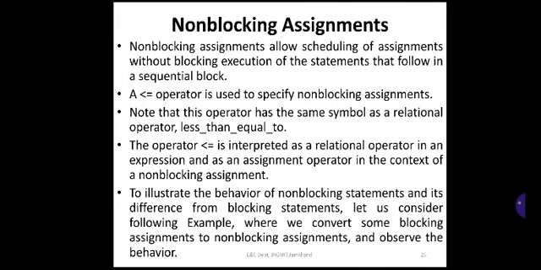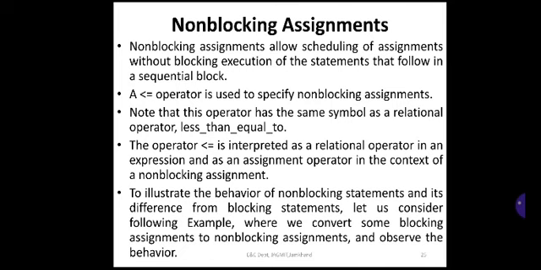The operator used was the equal to sign, but here the non-blocking assignment statements allow the scheduling of assignments without blocking, so the execution of the statements in a sequential block continues.